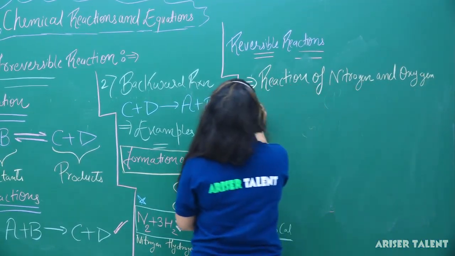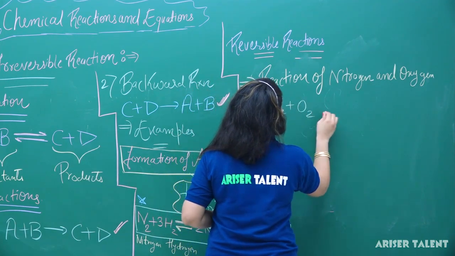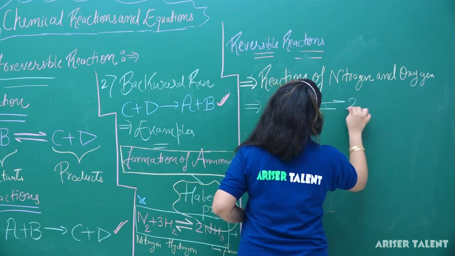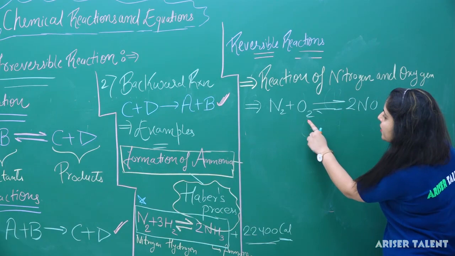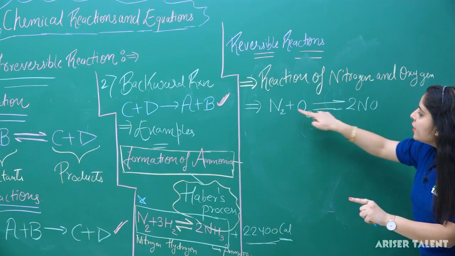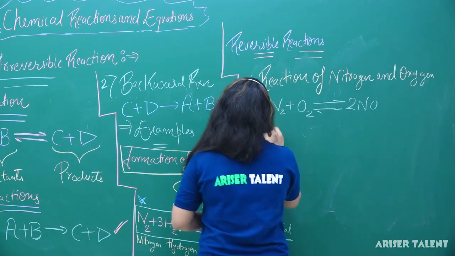So what we have discussed here is that reversible reactions can proceed in both the directions. So N2 plus O2, that is nitrogen and oxygen, react to give nitrogen dioxide or nitrogen oxide.